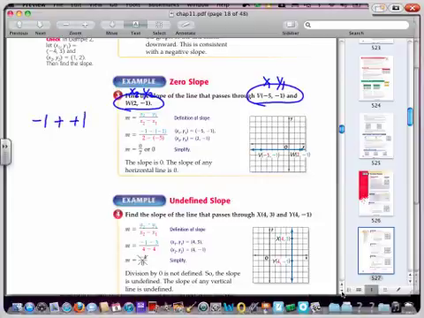So add the positive, so negative, that's going to equal 0. And so for the x, it's going to be 2 minus -5, or 7. And I get 0 over 7, which of course simplifies down to 0. And we have a slope of 0.